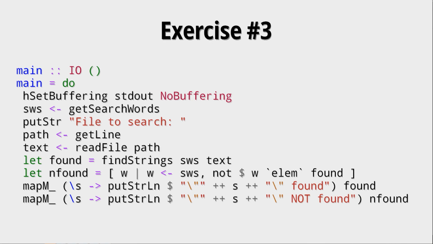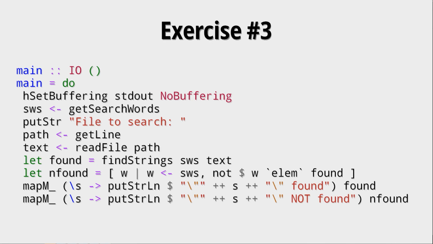Okay, then it asks for the file to search and it gets the path with getLine. After that, it reads from this path with readFile. And then we have another function called findStrings, which takes the search words and the text and finds the strings. So it really just returns a list of all the words that have been found.